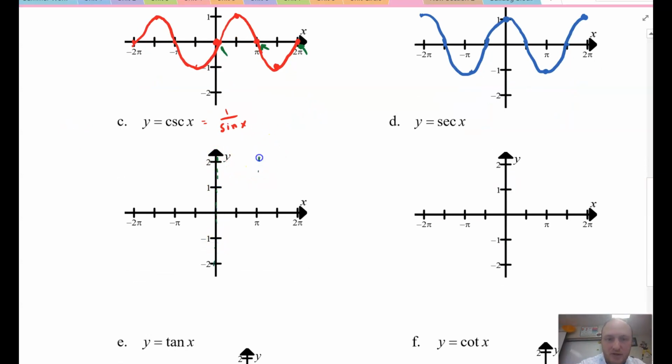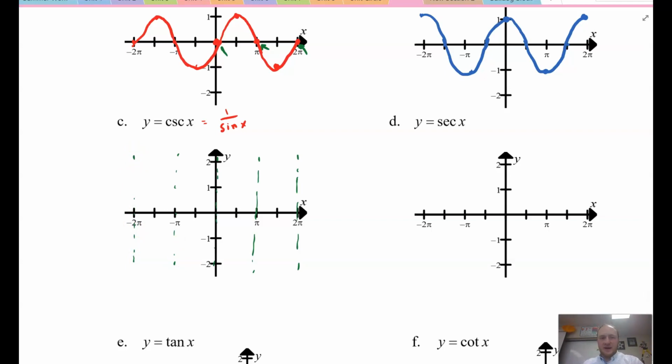I'll have one here at pi, one at 2 pi, and I can go the negative direction, negative pi and negative 2 pi. That is because I have a denominator of 0 there, so it's undefined.